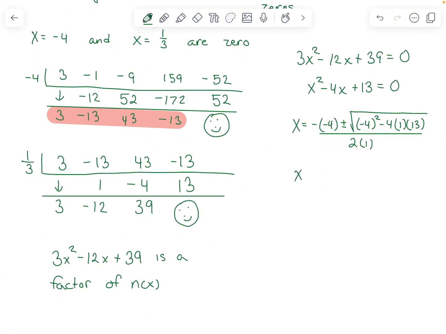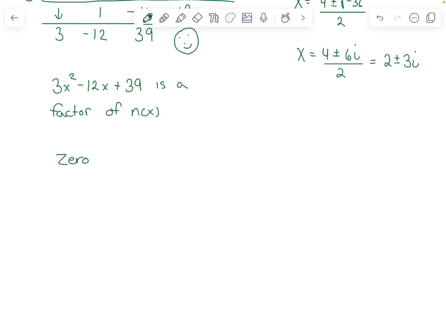So now we have, after all the simplification, x is equal to 4 plus or minus the square root of -36, divided by 2. So we have x is equal to 4 plus or minus 6i, divided by 2. And dividing both terms by 2, you get 2 plus or minus 3i.